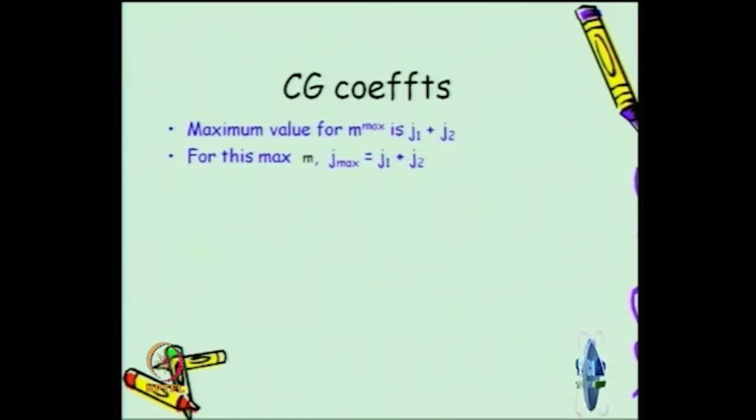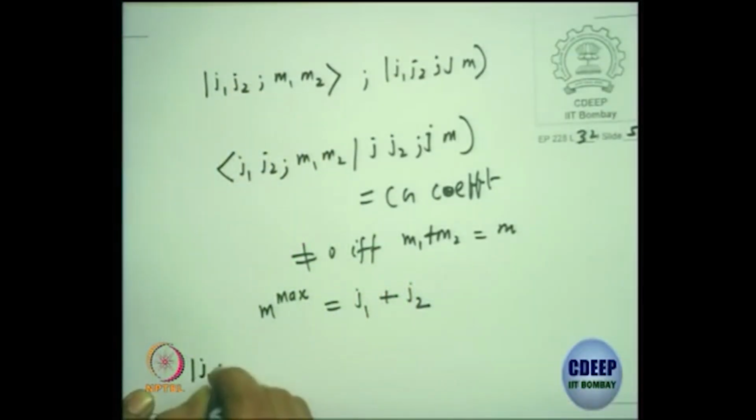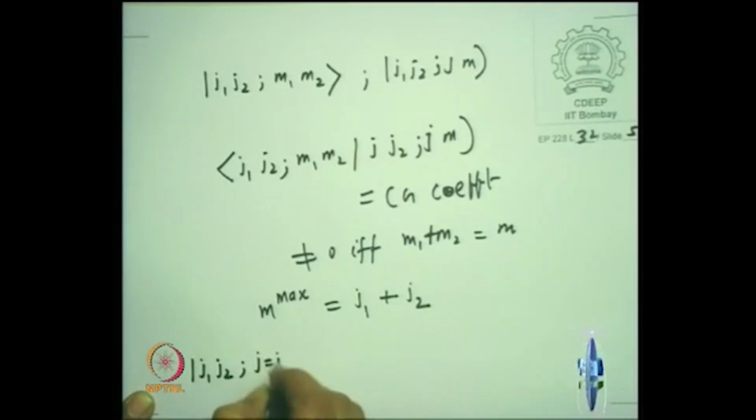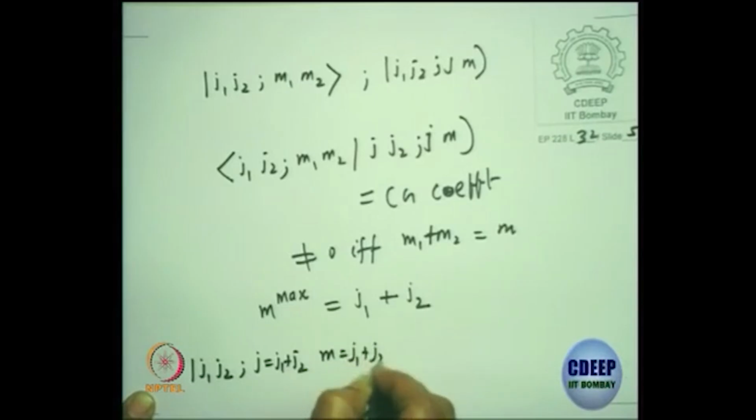So if this is the maximum, this |J, M⟩ state is meaningful if J is equal to M maximum, right? So J max also will be J1 plus J2. So we will take that maximum state, |J1, J2, J = J1 + J2, M = J1 + J2⟩.